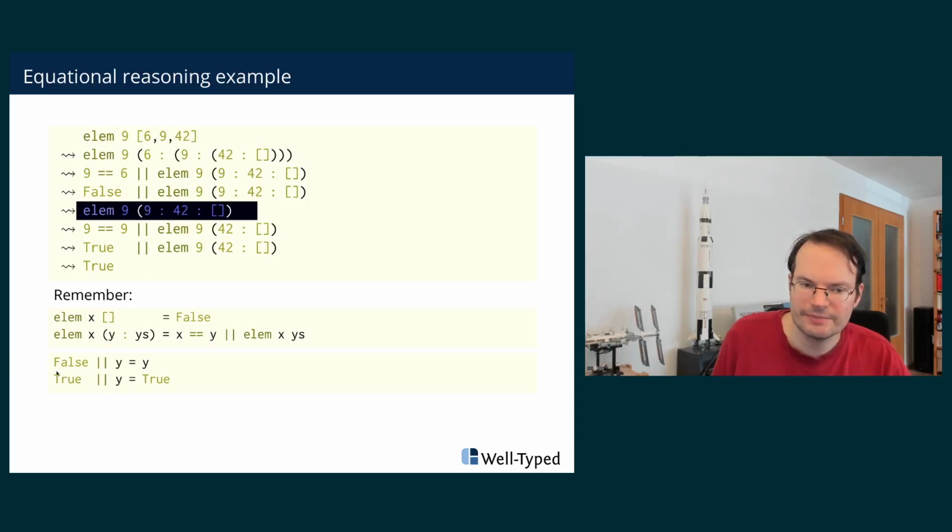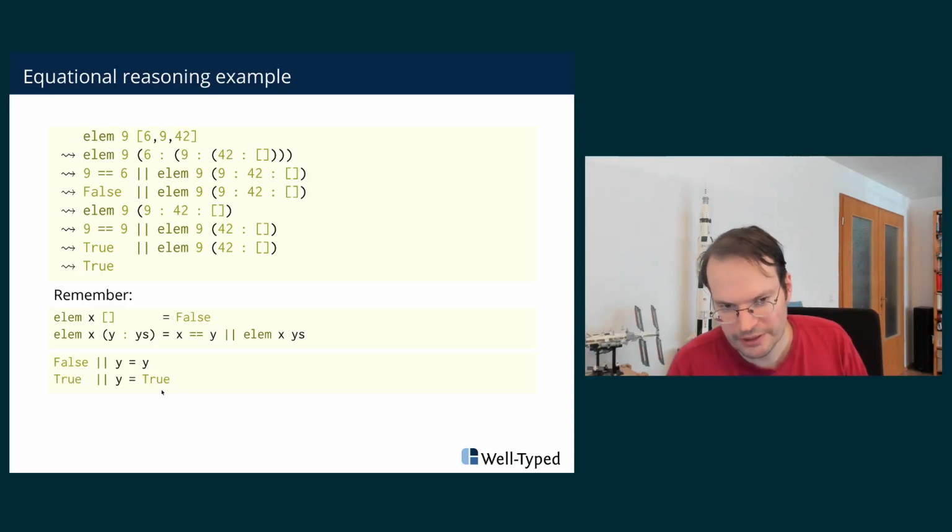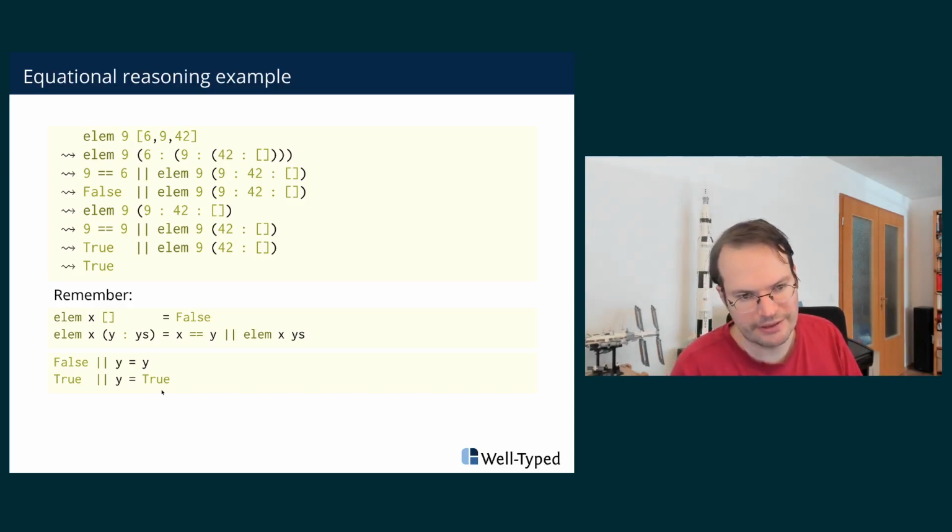But in this particular case, we completely discard it. And this notion of only evaluating function arguments when they're actually needed is exactly what is referred to as lazy evaluation.